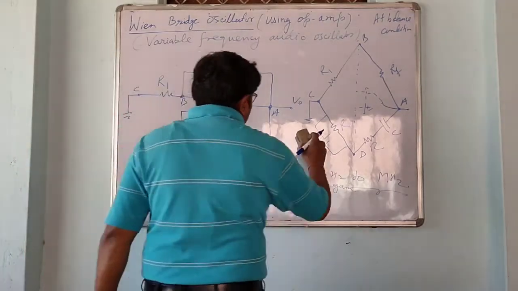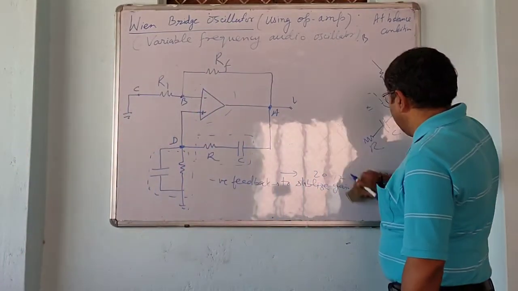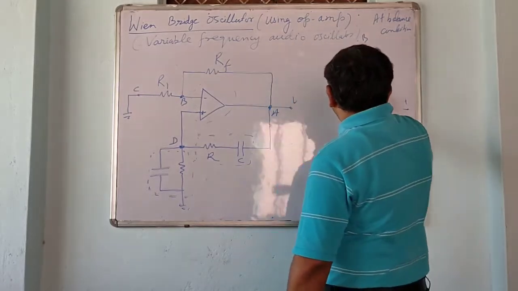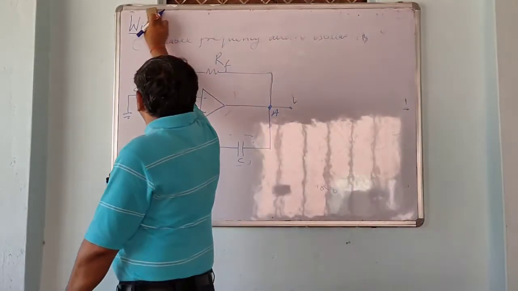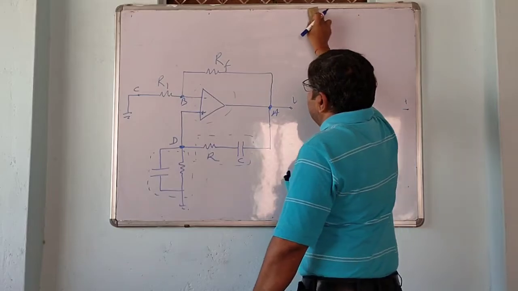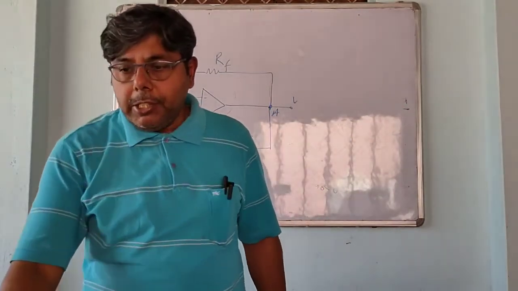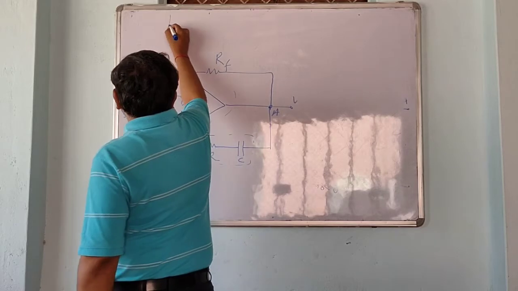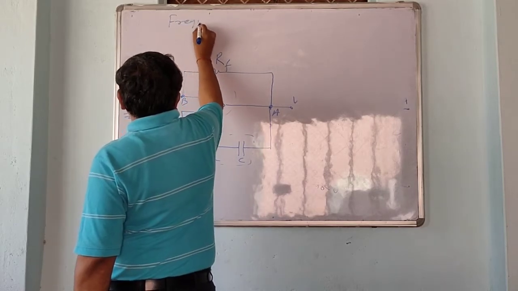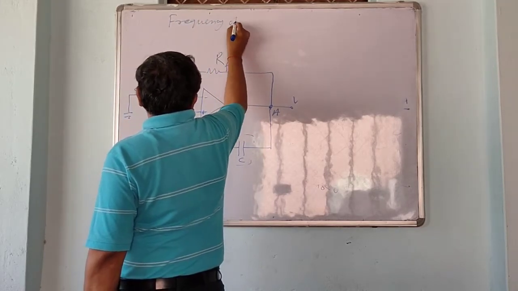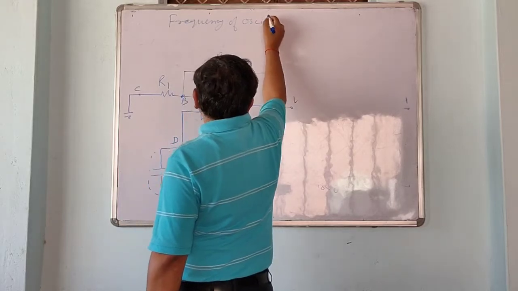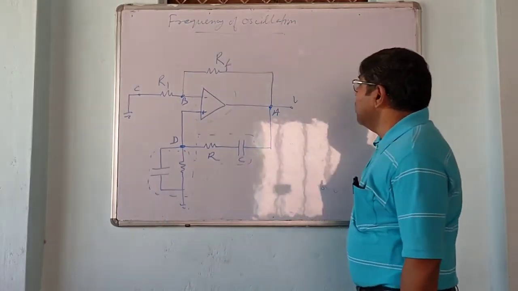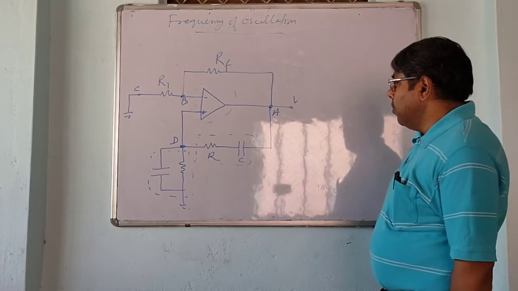Now we can find out the frequency of oscillation for this feedback network. Derivation of frequency of oscillation. What is the frequency of oscillation for this network?